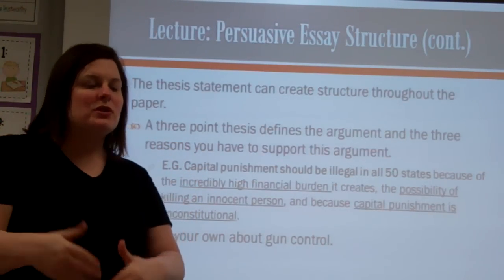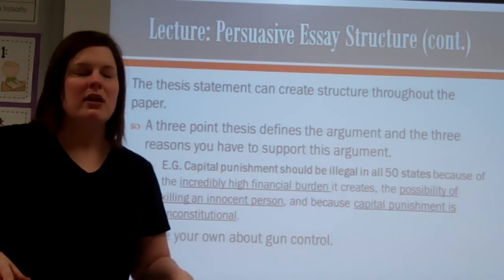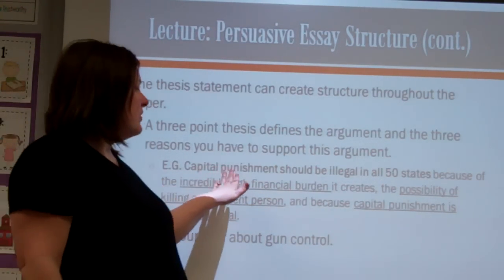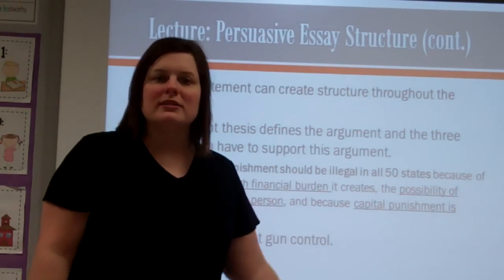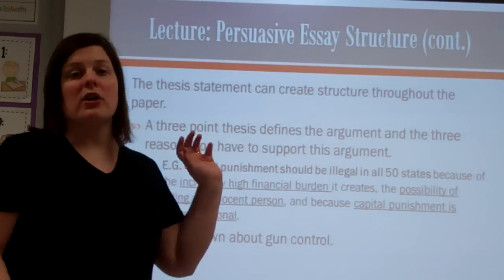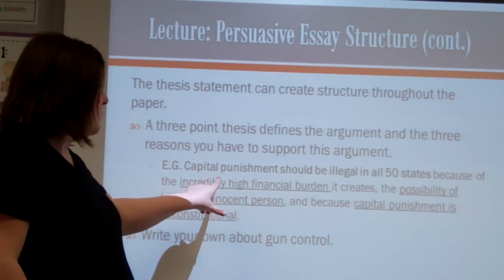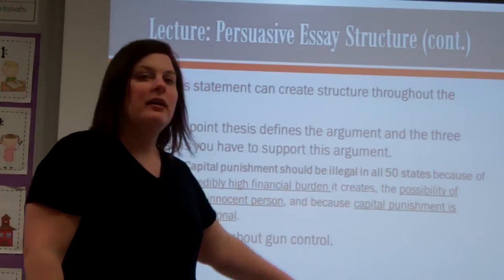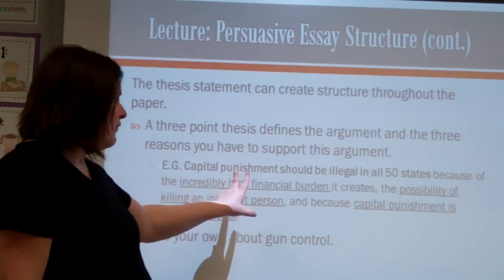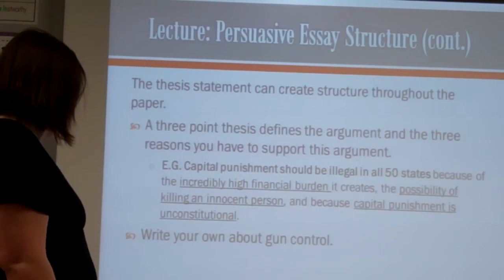If you don't go from weakest to strongest, you're going to find yourself struggling. So please make sure that you order these from your weakest argument to your strongest, and whatever order you put them in here, this should be the order that you discuss them in your paper. So if this is 1, 2, 3, then this better be body paragraph 1, body paragraph 2, and body paragraph 3. Okay?